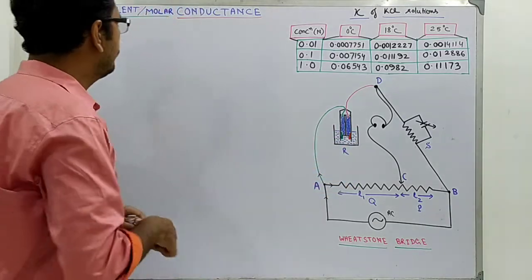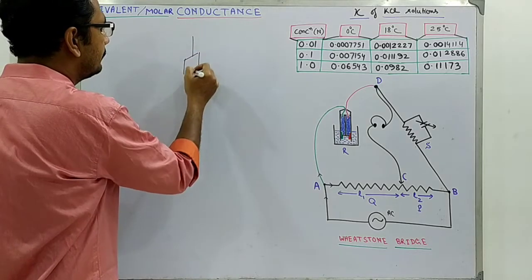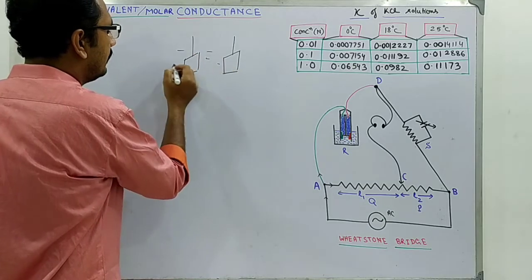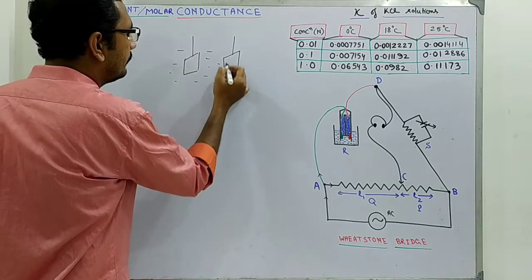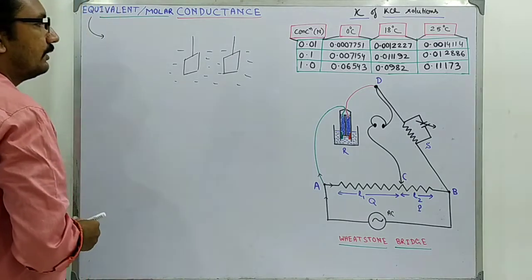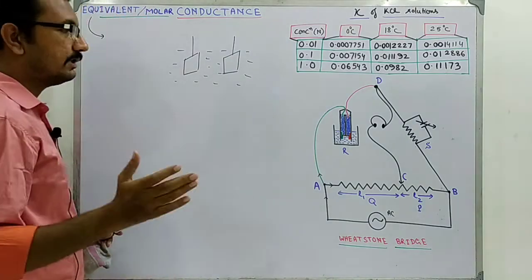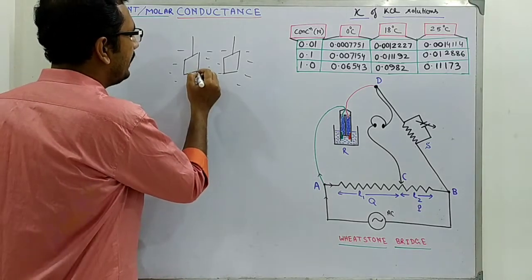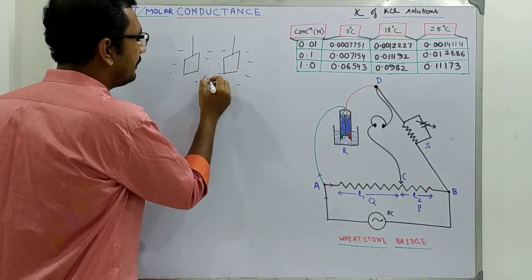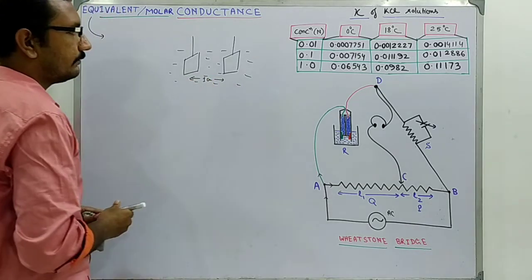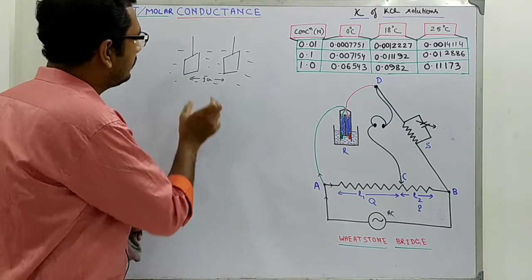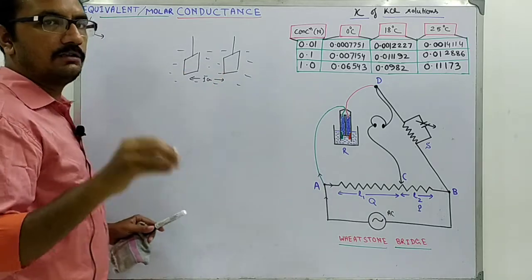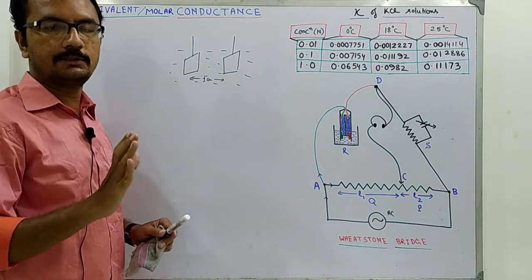So, what is the definition? You have two electrodes, and the electrodes are dipped in the solution containing the cations and anions of the electrolyte whose equivalent conductance you want to determine. Now, you have to place these two electrodes 1 centimeter apart as per the definition, and the solution between these two electrodes must contain 1 gram equivalent of dissolved electrolyte.